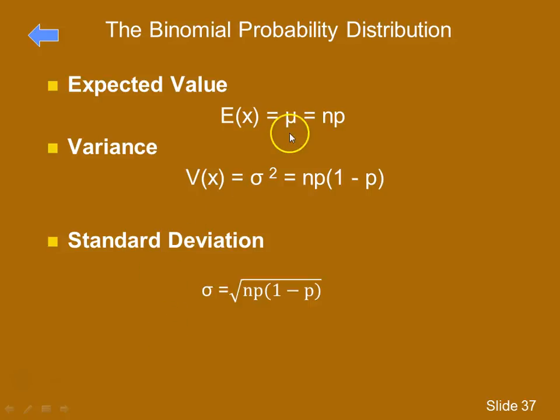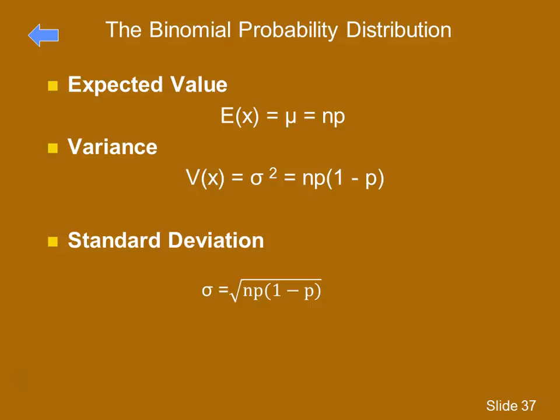First, let's start with the mean. The mean of a binomial, or its expected value, is just equal to n times p. If you think about it, this should be kind of intuitive. Suppose I flip a coin 100 times, which is the example on the next slide.